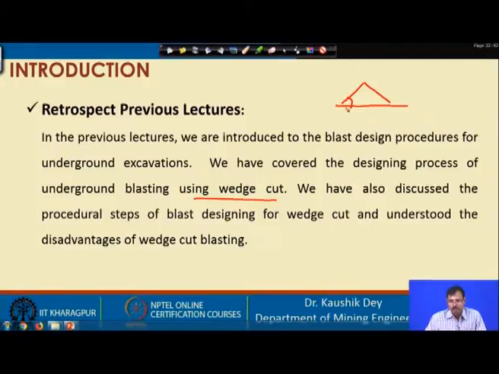It may be lower for hard rock condition and increased for soft rock condition. Other modifications of the wedge cut are also there, called fan cut, drag cut, which is a half wedge cut, and pyramid cut, which is basically a double wedge cut.